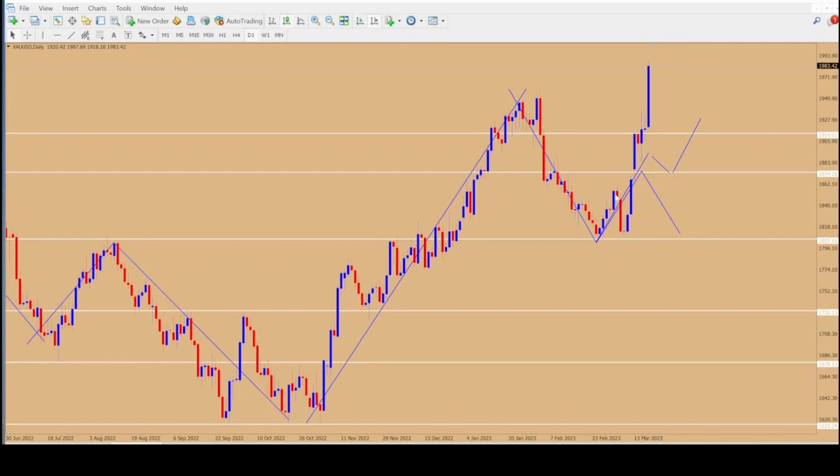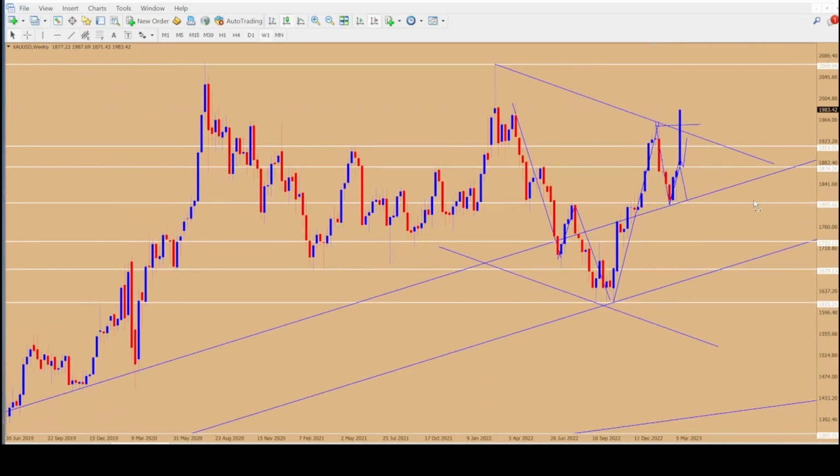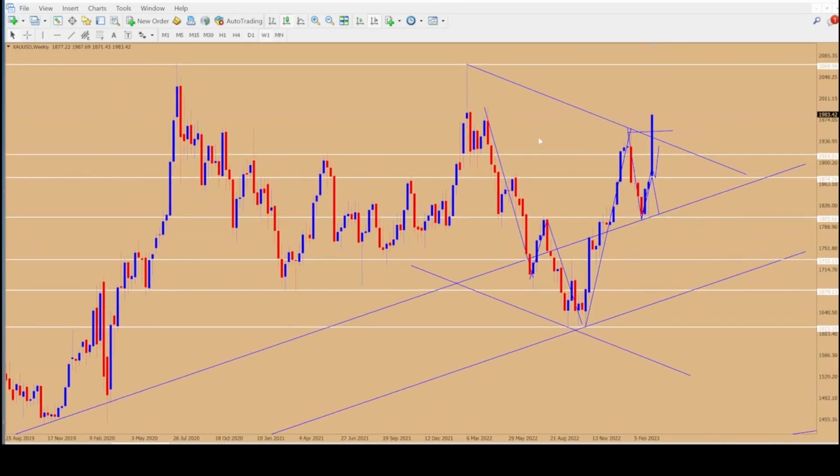I predicted the market coming into this area and possibly doing a downward push, and if it doesn't, it will break above and possibly have some reversals and continuation higher. So we've seen that the market has broken the structure, this area of the market, and on our weekly time frame, it has also broken the diagonal resistance as well.